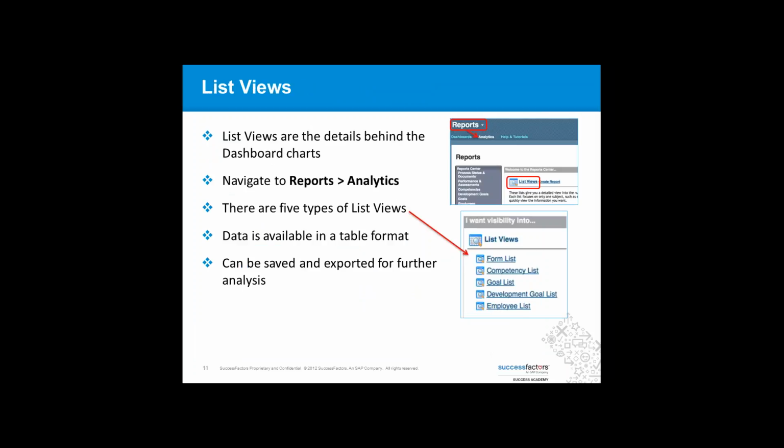Coming to the list view reports, they are available under Reports, Analytics, and these are the types of list view reports: form list, competency list, goal list, development list, and employee list. There are basically 5 types of list view reports, and data is presented in table format. It can be saved and exported as well.